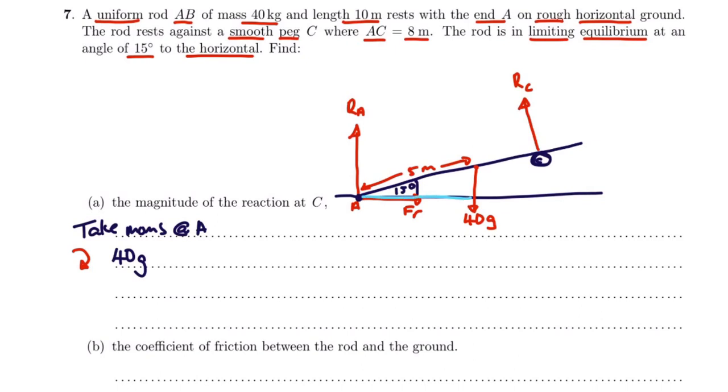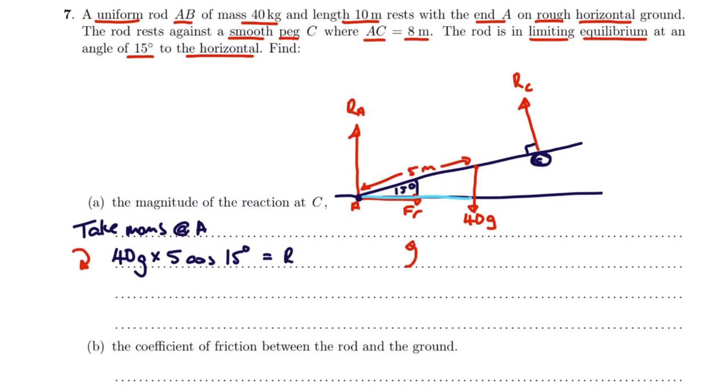That little blue line there is the perpendicular distance of the line of action of the force. You can see that that is the adjacent to the 15, so it will be times by 5 cos 15.